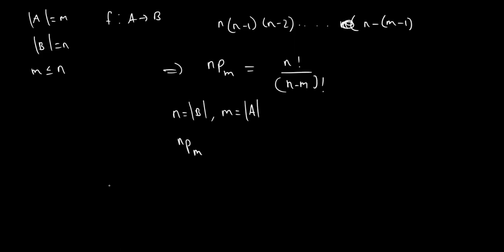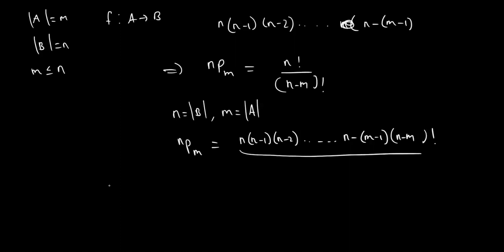So nPm, if we want, we can simplify as n into n minus 1 into n minus 2, up to n minus m plus 1, into n minus m factorial, divided by n minus m factorial. This can be cut, so we get the expression here.